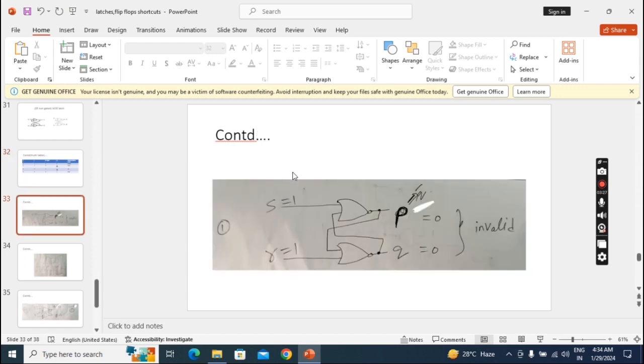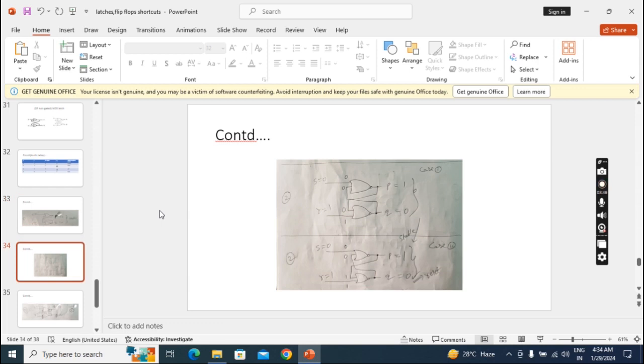So initially both inputs are 1 1. Okay, output is 0 0. Okay, this is invalid. I told you both outputs should be complementary. Okay, so you have to see this lecture after watching SR NAND, then only you can understand it properly. Then coming to the second condition, S equal to 0, R equal to 1.